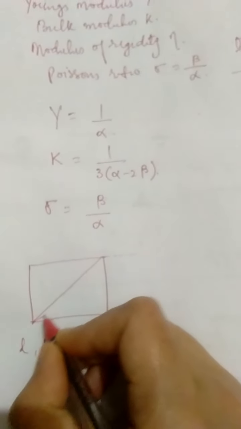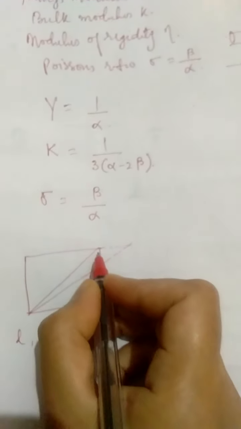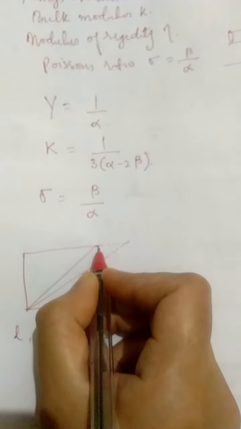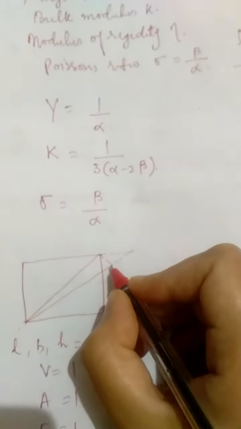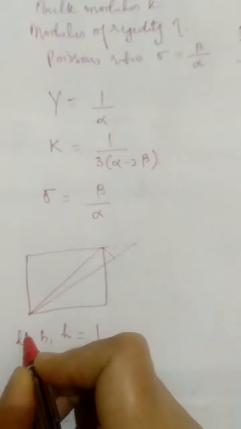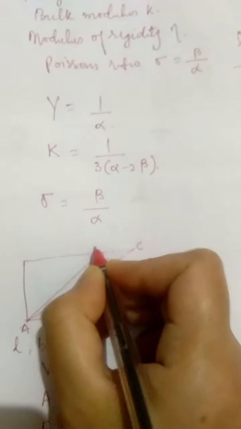Now this diagonal also stretches. Then if we drop a perpendicular at this point, see, this and this lengths are equal, and the diagonal has stretched by this amount. Suppose this point is A, this is B, this is C, and this is D.